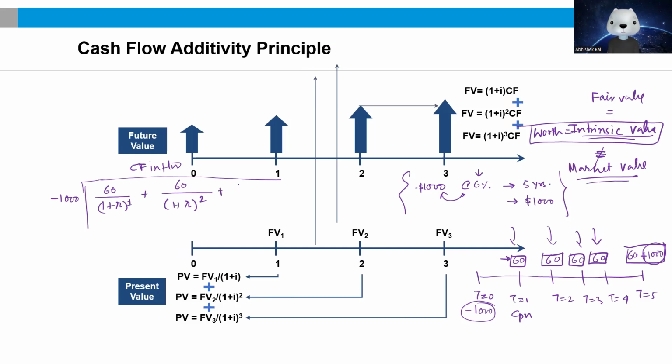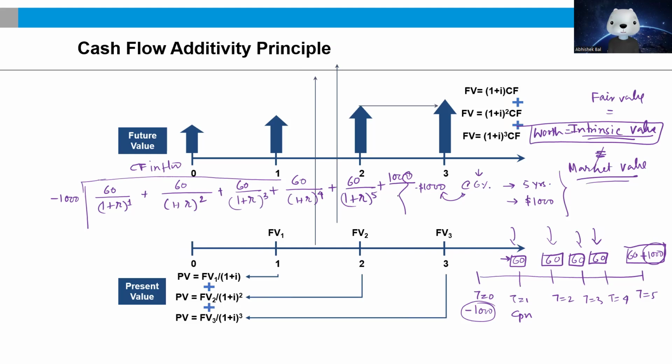And the third period, obviously, it is going to be 1 plus R whole to the power 3. The fourth period is going to be 1 plus R whole to the power 4. And the fifth period is going to be 1 plus R whole to the power 5. Plus, you're going to get 1000 as part of your face value.